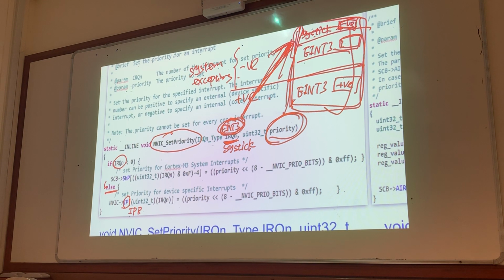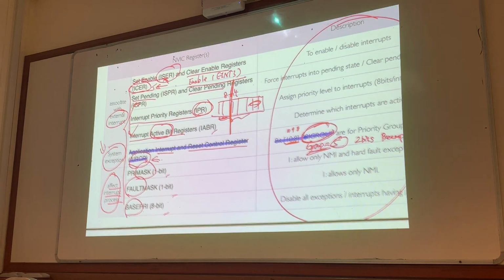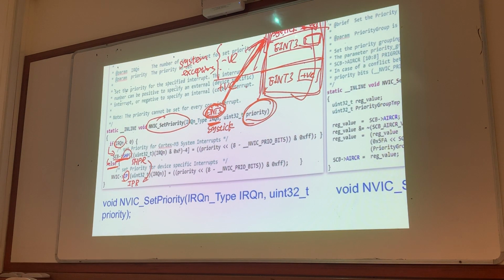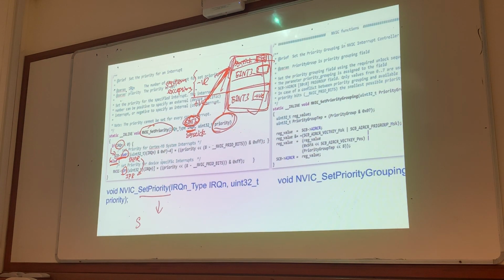Then you will go to the if branch and set the SHP register. The SHP register is quite similar to your IPR, but it is completely used for system exceptions. So this function can change either your SHPR or IPR, depending on whether you are setting a system exception or an external interrupt.